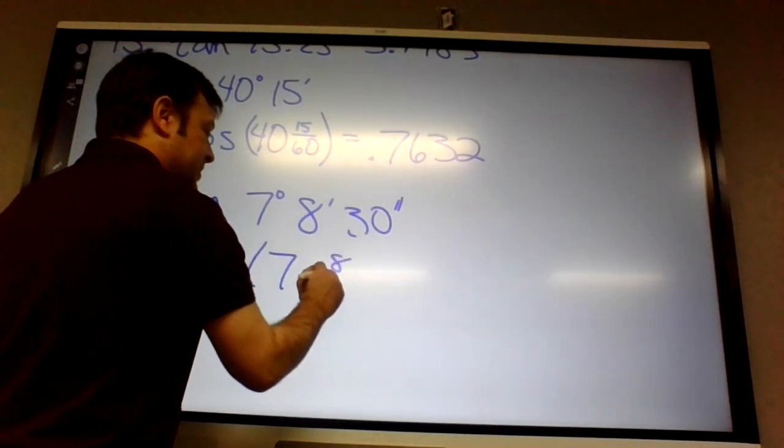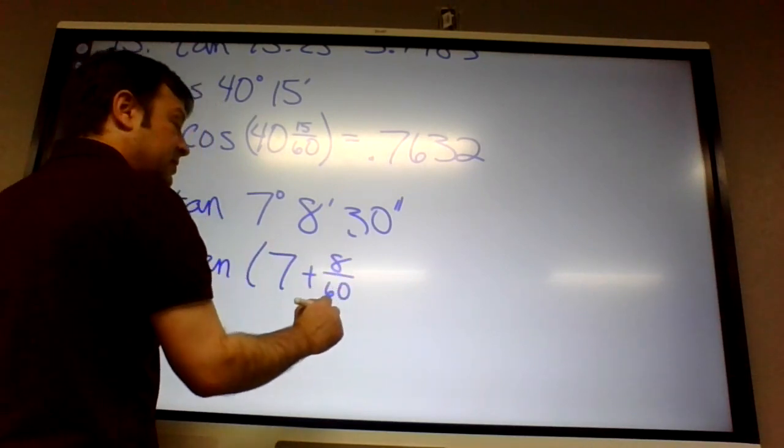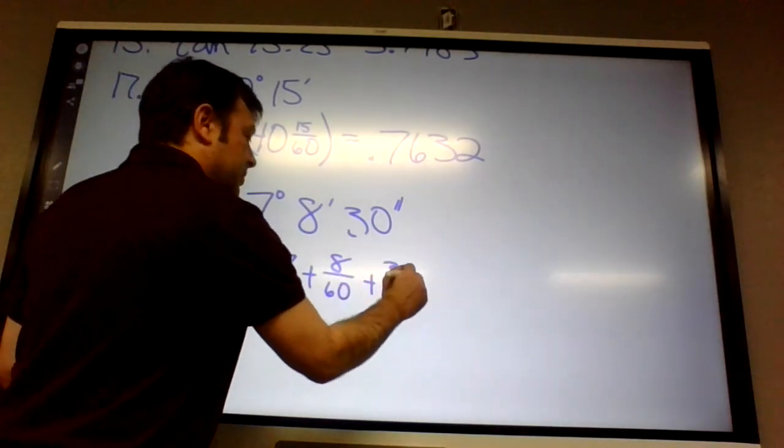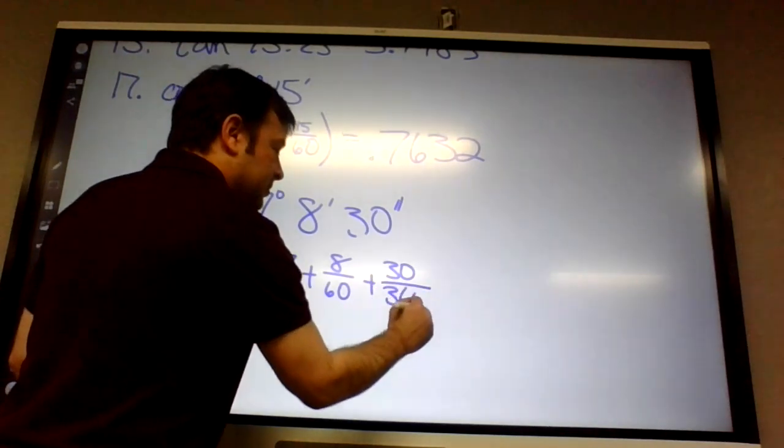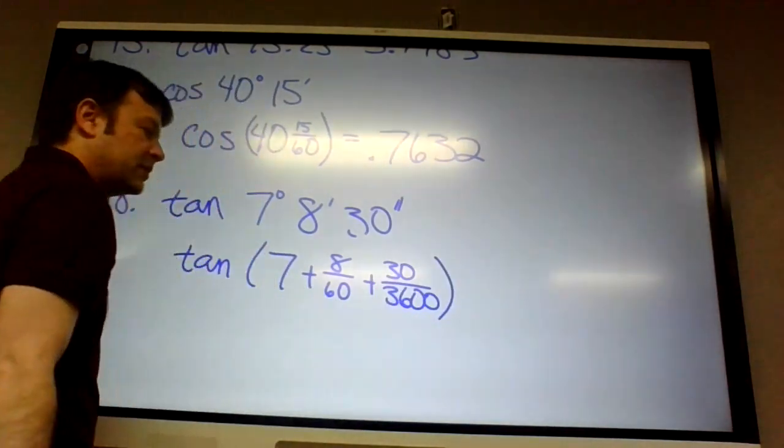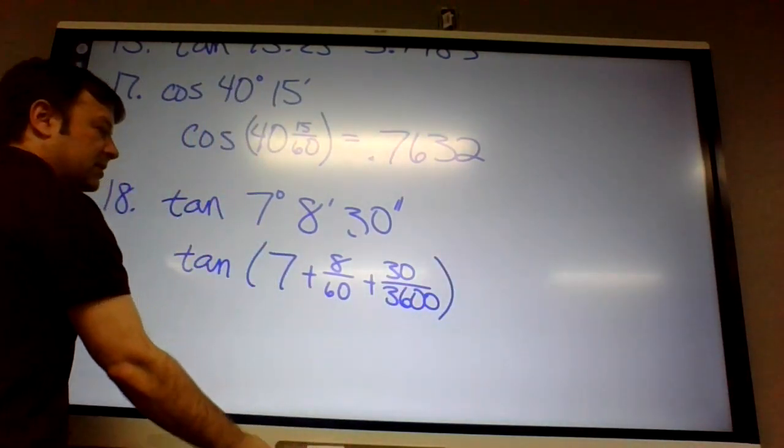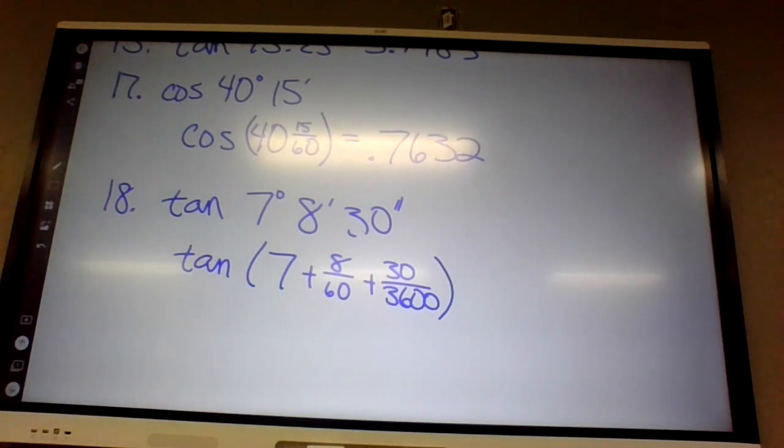So that's 8/60ths of a degree plus 30/3600ths of a degree. So that would get the job done. We could have done plus 8.5 over 60, but it's probably more confusing. So we'll call that good for today.